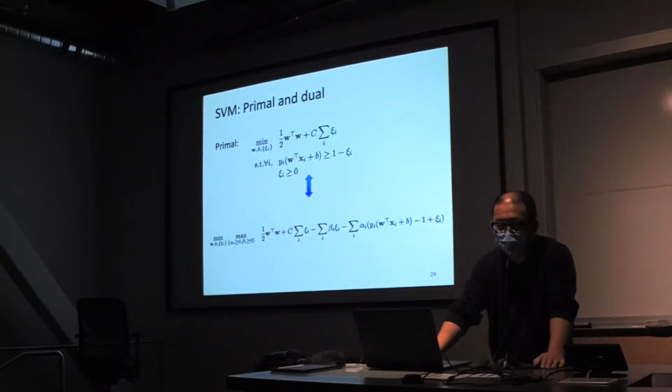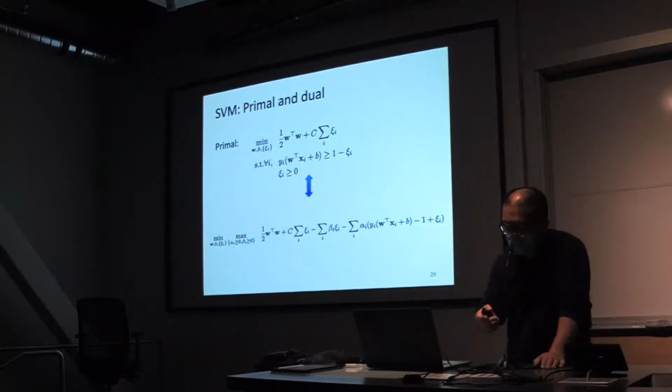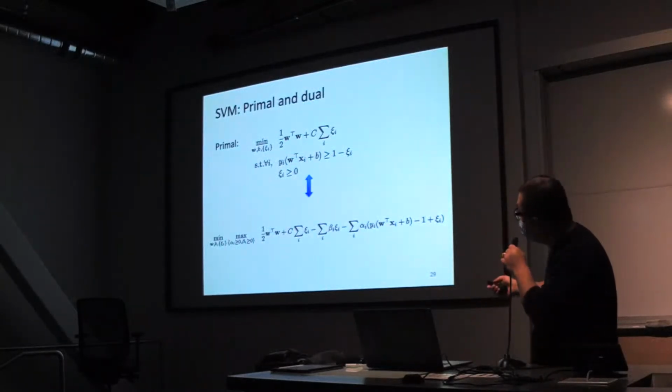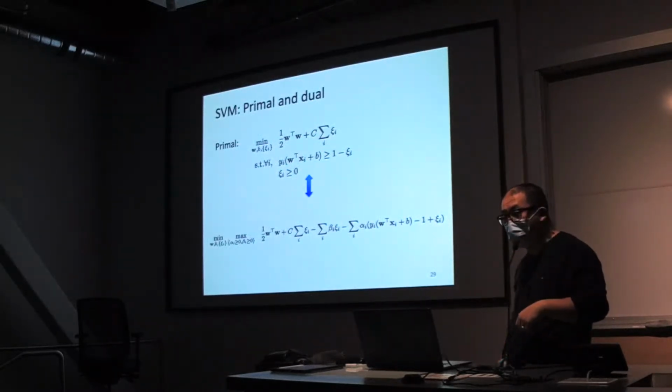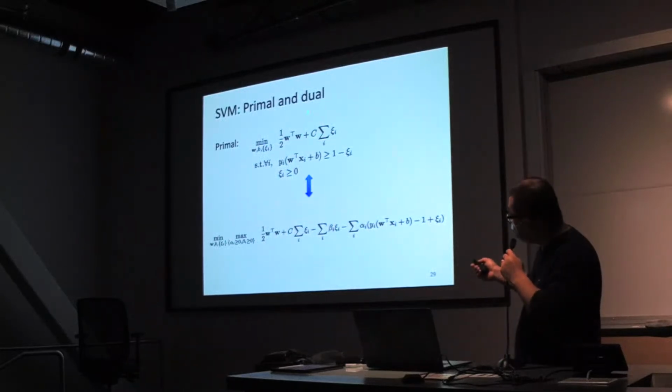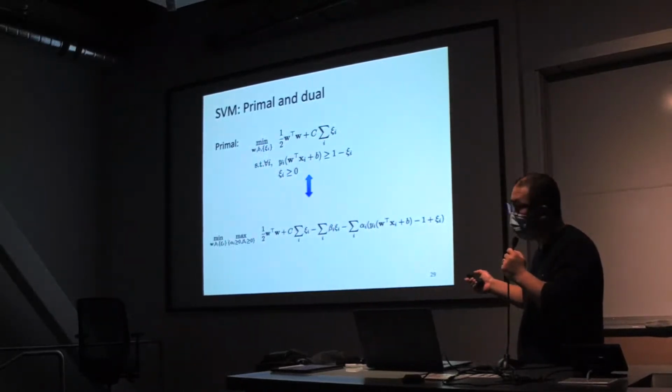So we can apply this general formulation to SVM. This is the primal form of SVM. We know that this objective function is a regularizer plus a summation of the slack variables. Remember, slack variables aim to enable some examples to break into the margin. We also have a hyperparameter C, which should be manually set.